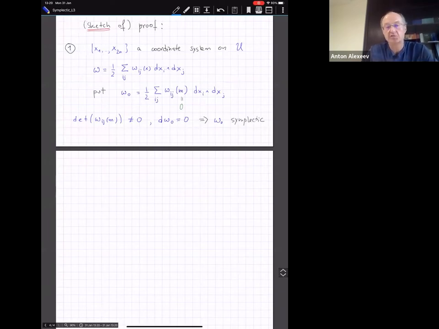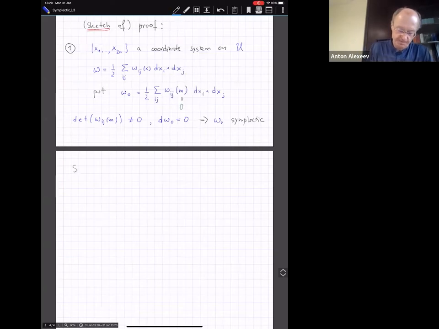And now what I can do, you know, we discussed in symplectic linear algebra that if you have a constant symplectic form, you can make a linear transformation. You can choose coordinates by linear transformation such that your two-form acquires the standard form. Remember, we had that notion of a symplectic basis.